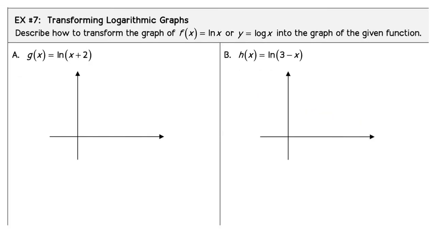All right, so now we're going to transform these, and the first thing I'm going to do is look at our original. Our original logarithmic did something like this, and it went through this point here at 1, 0. So for this point right here, we need to move left 2 is what's going to happen there. So if we move that left 2, we're going to go 1, 2.